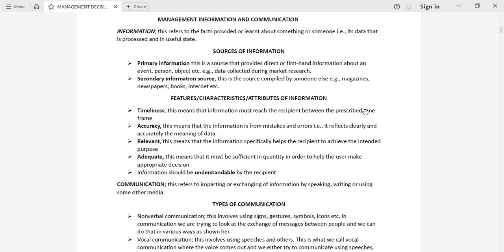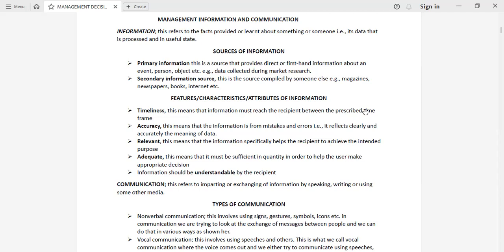If I give you notes that will not help you to pass, it means the information is not useful, or not in its useful state. You can't even consume it. But if I give you information that is the same as what the syllabus says, then it is in its useful state, because it is going to help you pass.